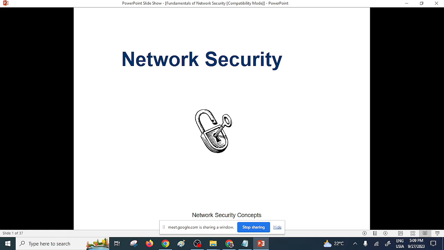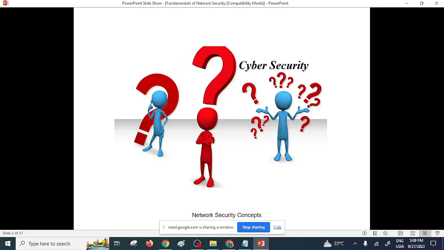All right, so network security, as I'd mentioned, cuts across different elements, as you're going to see. When we talk about network security, there are a lot of things that we need to really understand. Is it cyber security actually? What I need to make clear is that network security is one of the elements of cyber security.